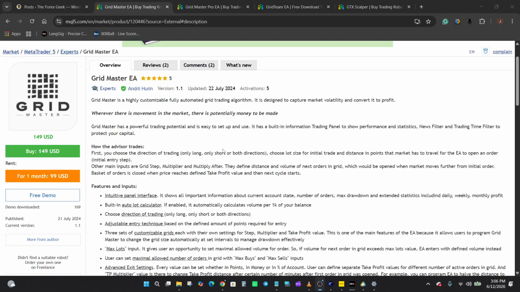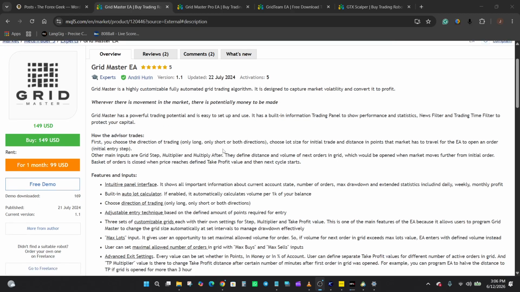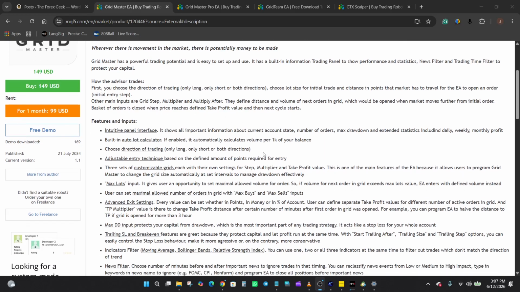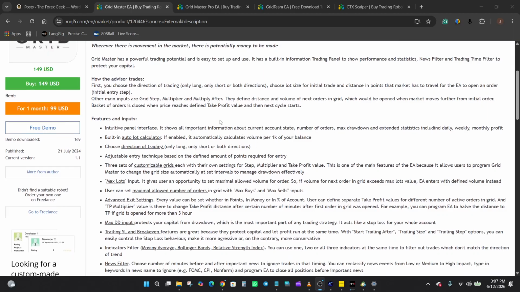Now, as we move through the product page, one of the first things highlighted is the built-in trading panel. The panel provides performance statistics, account information, active orders, drawdown information, and profit tracking across daily, weekly, and monthly periods.